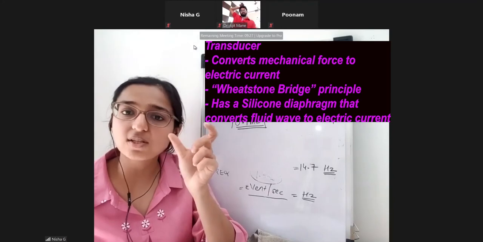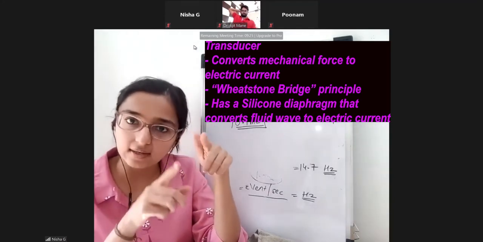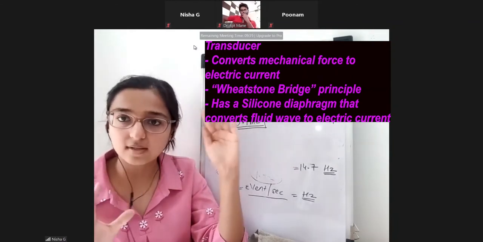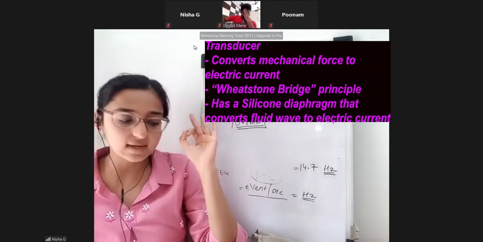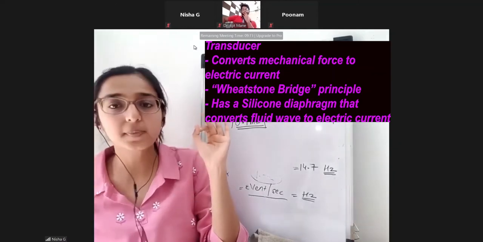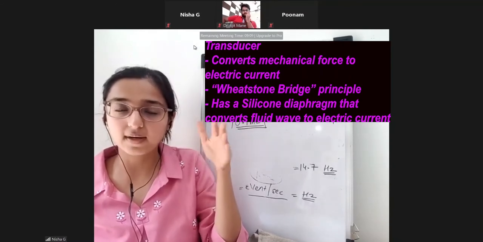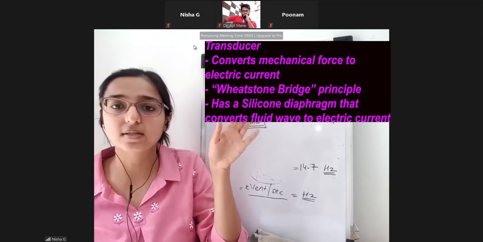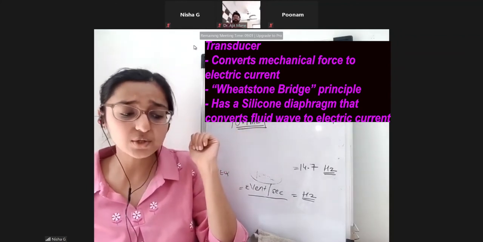That will generate a voltage, which goes as an electrical signal to the monitor and displays the arterial waveform. You have to remember that it's a Wheatstone bridge principle. It has a silicone diaphragm which keeps vibrating and converts the mechanical impulses to electrical impulses and sends them to the monitor.